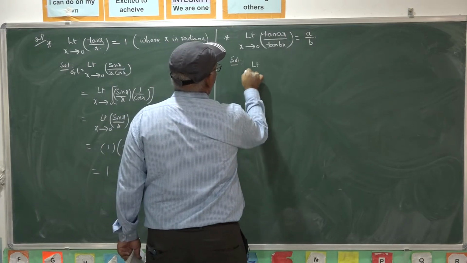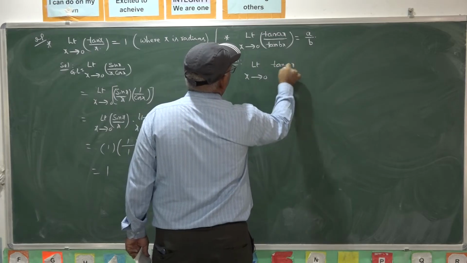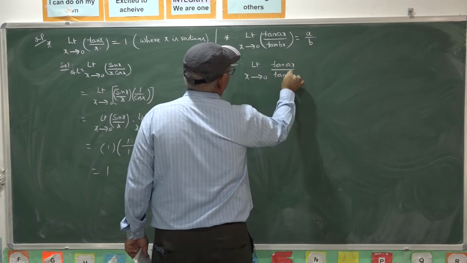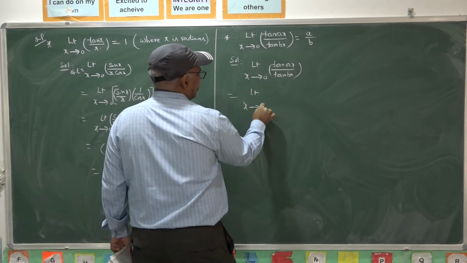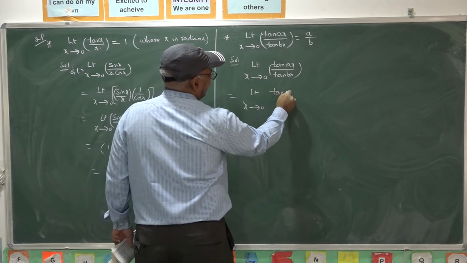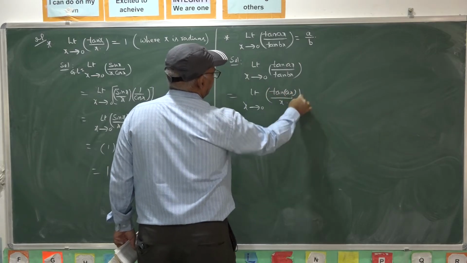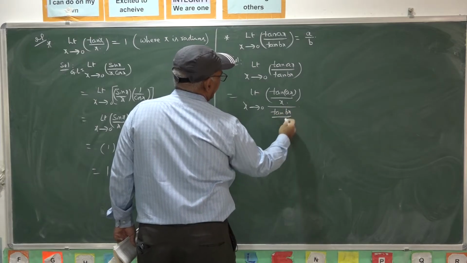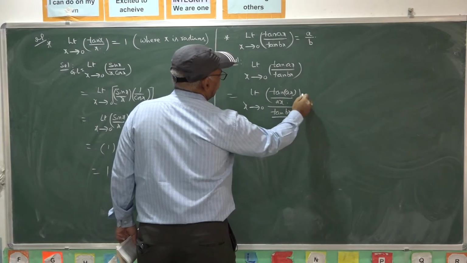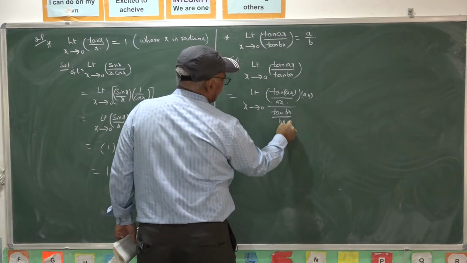Solution: limit as x goes to 0, tan ax by tan bx equals limit as x goes to 0, dividing the numerator and denominator by x, tan ax by ax into ax, and tan bx by bx into bx.